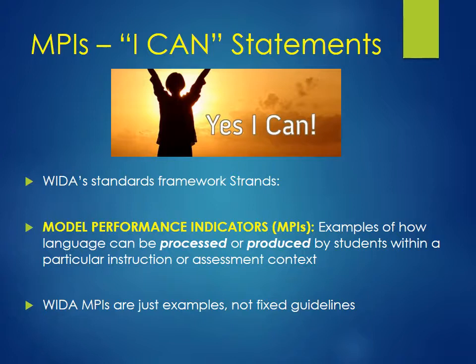Model performance indicators are examples of how language can be processed or produced by students within a particular instruction or assessment context. Now, the thing to remember about MPIs is that they're not fixed, they're not static like Common Core academic standards.